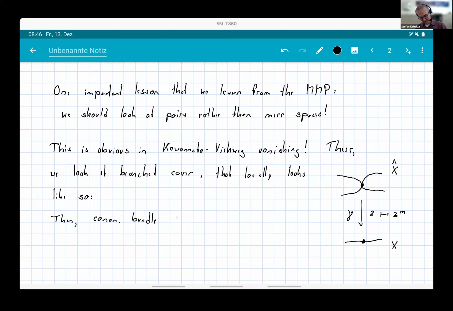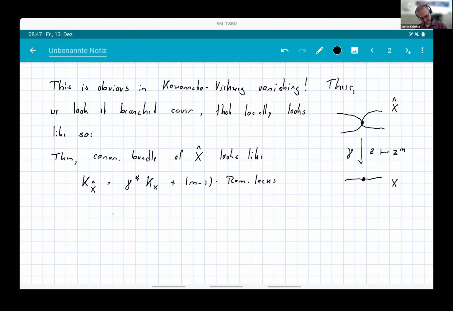Then the canonical bundle of X hat looks like K_X hat is gamma upper star of K_X plus, what is it? m minus 1 times the ramification locus. And that looks like gamma upper star of K_X plus (m minus 1) over m times the branch locus.